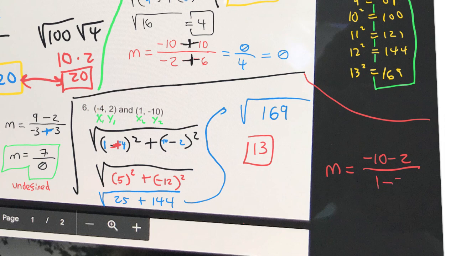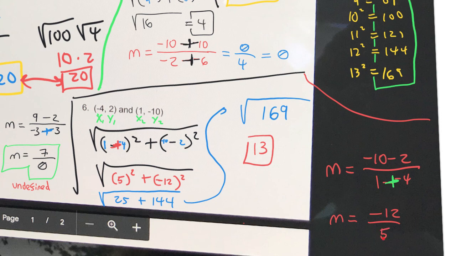Once again, we see that double negative. So let's go ahead and put a big plus sign right there. On the next line, it will be m equals, what's negative 10 minus 2? Well, that is negative 12. What is 1 plus 4? Well, that is 5.